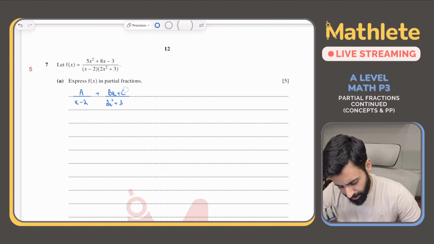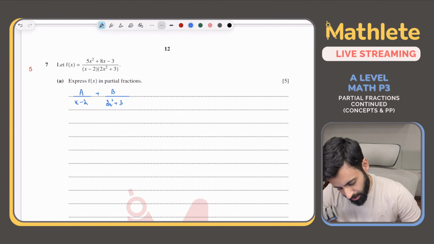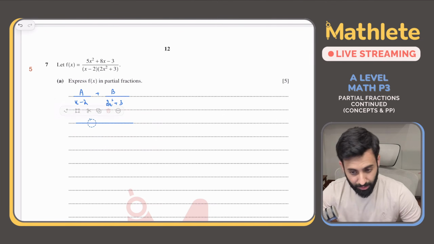Dekho, if you're interested in finding out what the logic is, as in why do we break it down like this? Why can't we just do b? So if you think about it, the numerator has a quadratic equation.